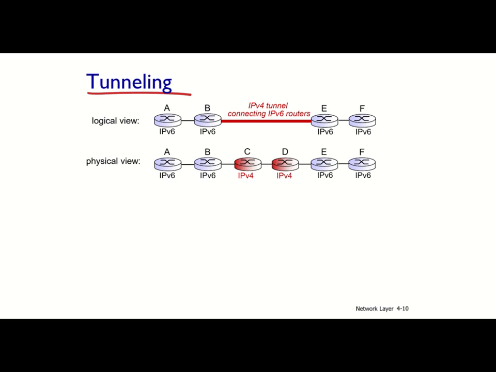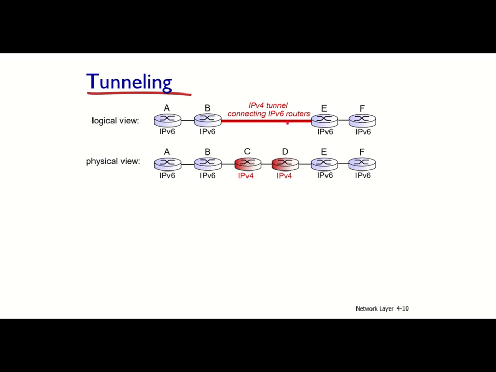So if you look at the physical view of this network here, assuming that A, B, E, and F are running IPv6 and only C and D are the ones who run IPv4, routers B and E assume that they are physically adjacent, although they are not, but they assume that there's a tunnel that connects B and E immediately without any other IPv6 routers.